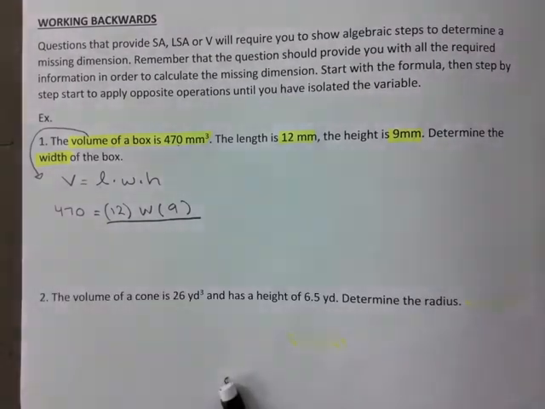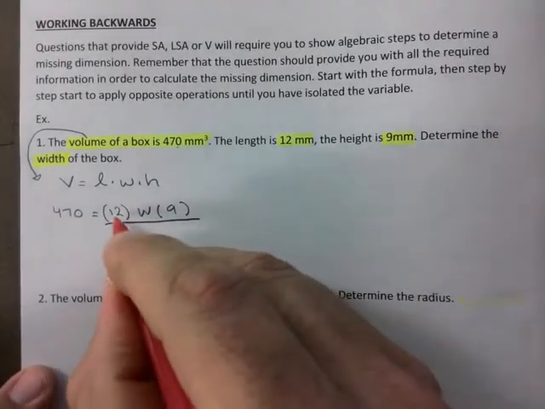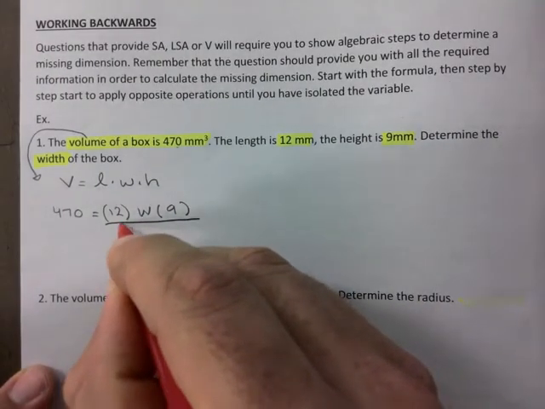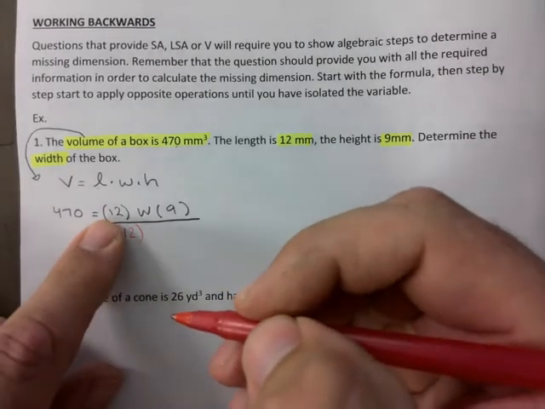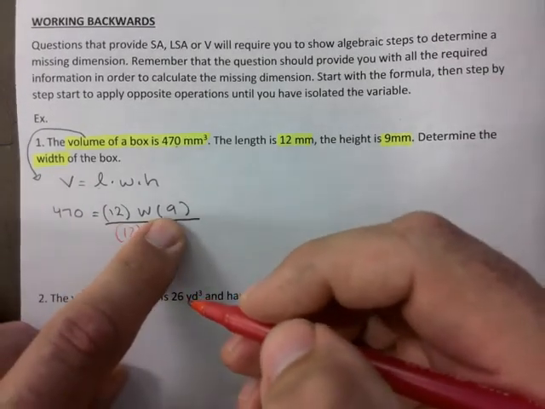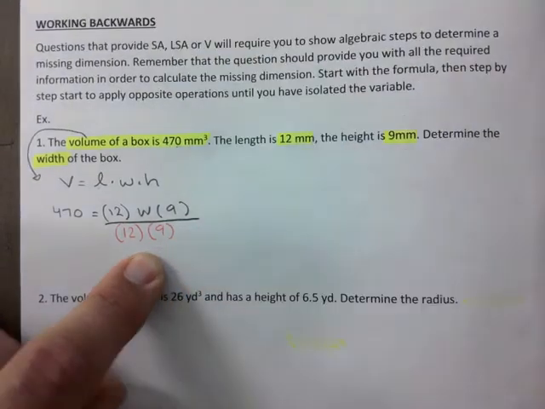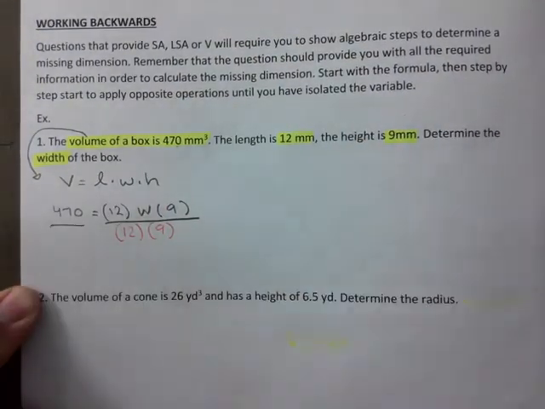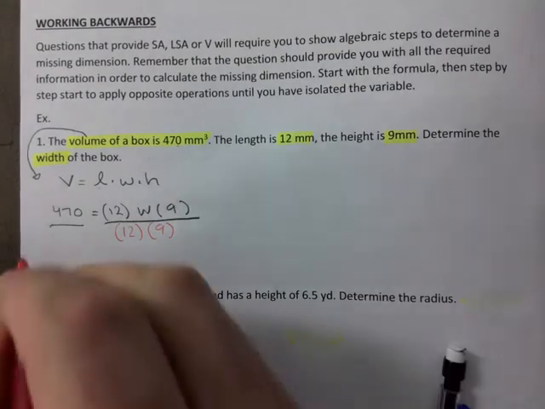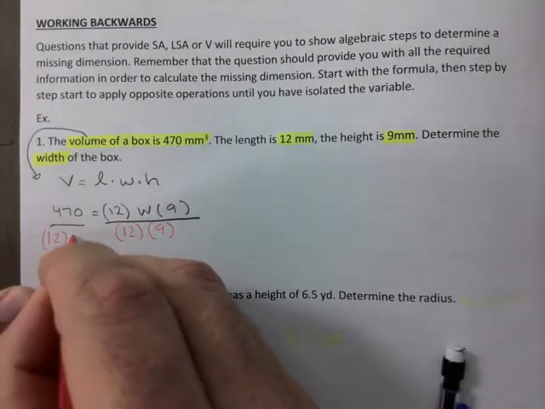If you have a different color, it might come in handy. So I want to divide this side by 12 to cancel out the 12, and I also want to divide this side by 9. I'm going to do the same thing to the other side, 12 and 9.